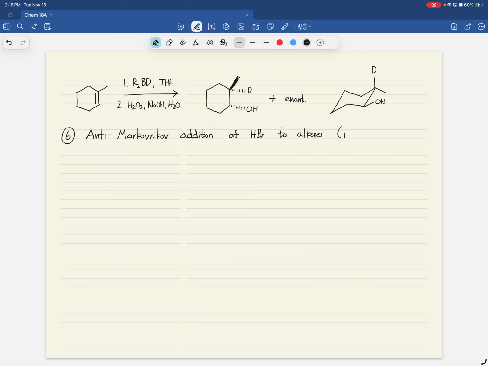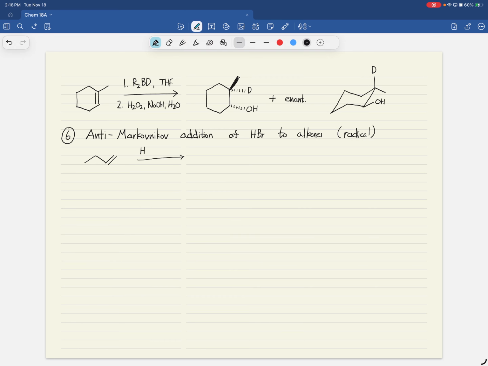I'm going to highlight this. This is radical. So this is a radical addition. All right, so say we have our unsymmetrically substituted alkene, so non-symmetrical.